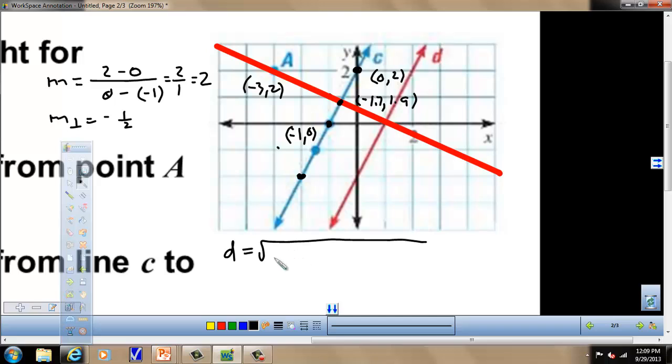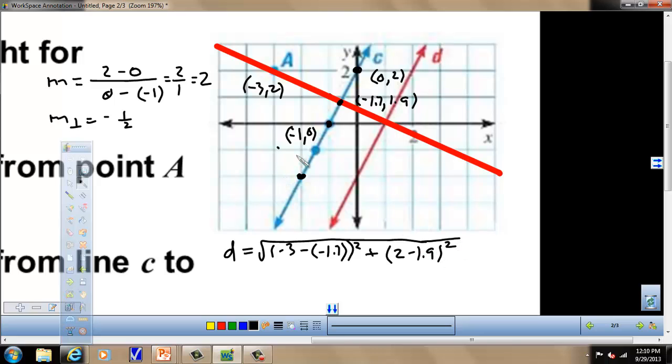So we would do (-3 minus -1.7) squared plus (2 minus 1.9) squared.